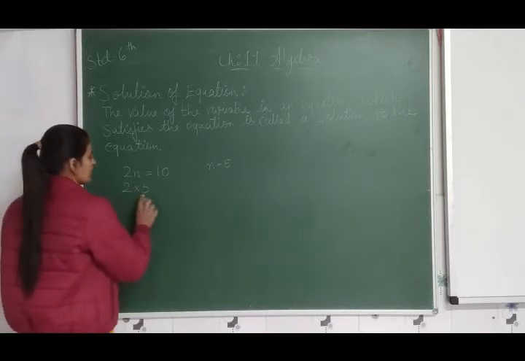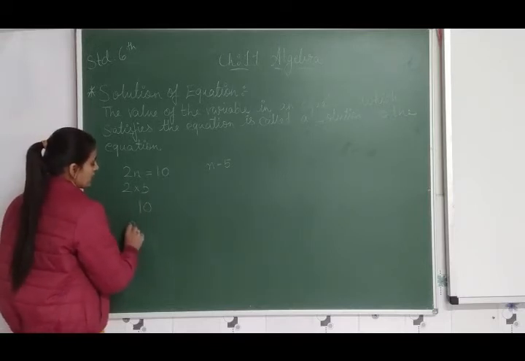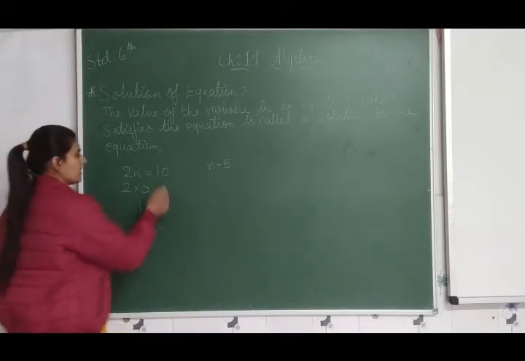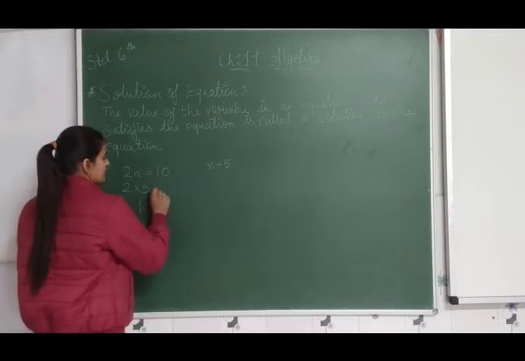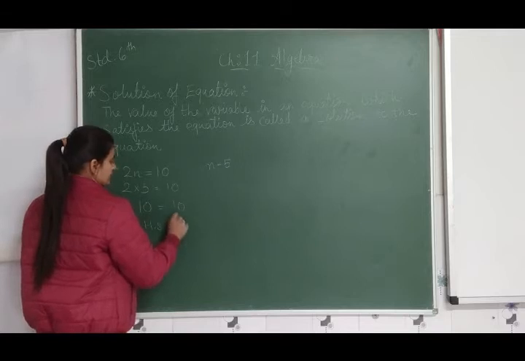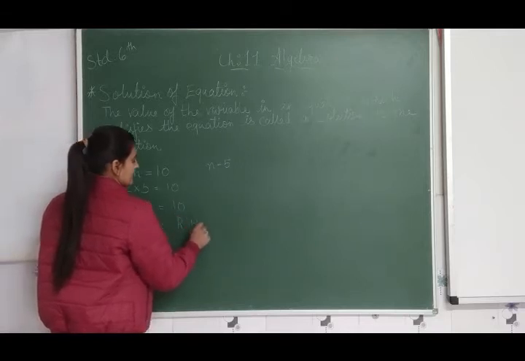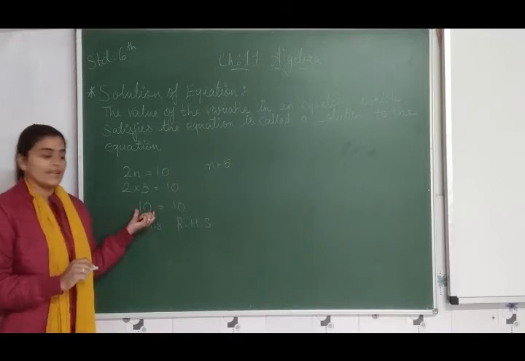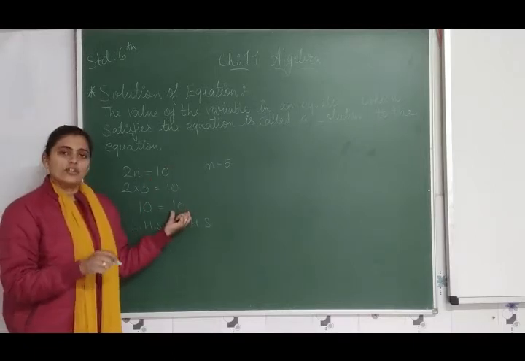So here you can see 10 is our left hand side, and this 10 is the equation's right hand side. Here you are able to see that here also we are getting the answer 10, and here 10 is already given.